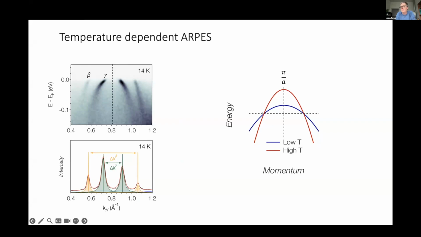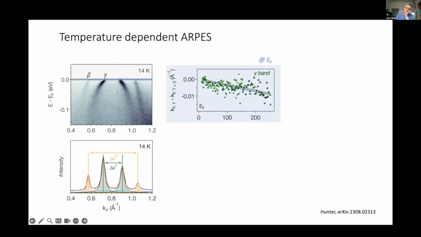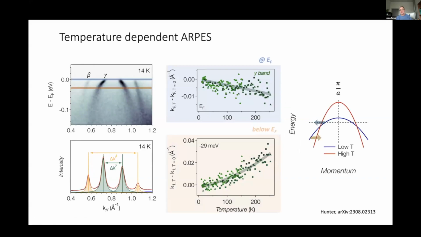If the mass changes as a function of temperature, here I approximate with just a simple parabola, you would expect the position of these peaks, for instance, down here, to change with temperature, describing a change of the mass with temperature. So we did this type of analysis here at the Fermi level and a bit below. And this is the result. So at the Fermi level, the plot refers only to the gamma band.